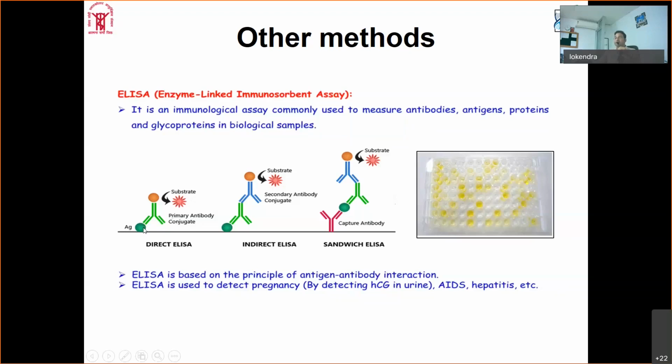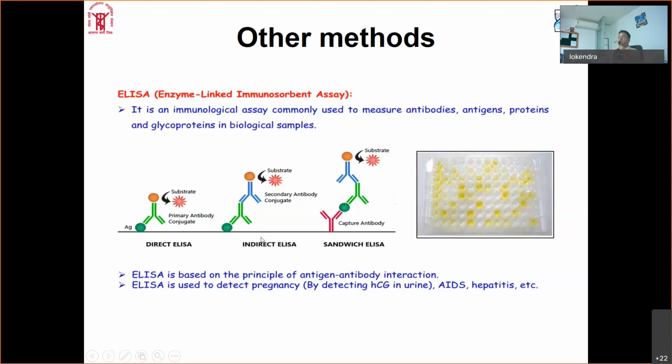So this is the antigen antibody interaction, and if we have a detecting substrate or detecting enzyme attached to the primary antibody itself, that is called direct ELISA. When this primary antibody does not have an enzyme linked to it, but we require an additional or secondary antibody for detecting this primary antibody, then it is called indirect ELISA.